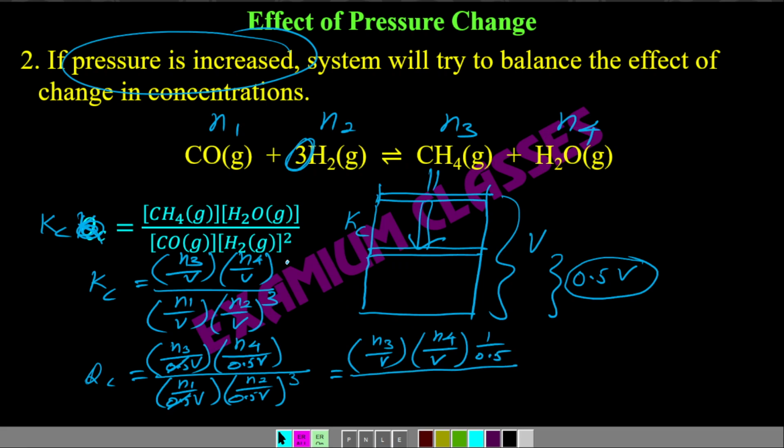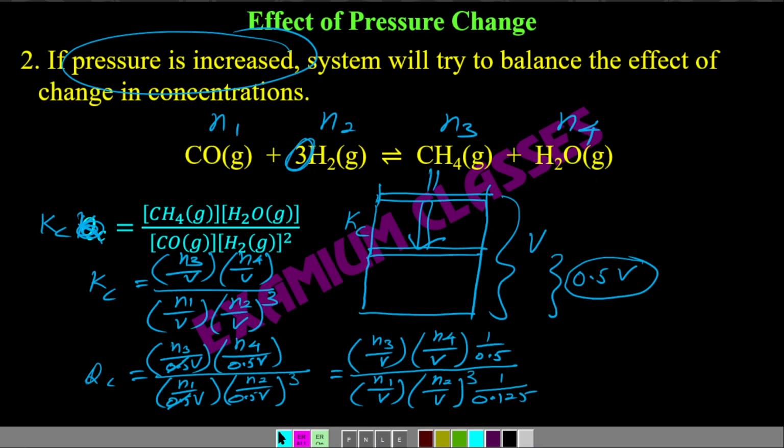Then it will be N1 divided by V, which I already have, and here it will be N2 by V whole cube, and 0.5 whole cube I am taking outside.